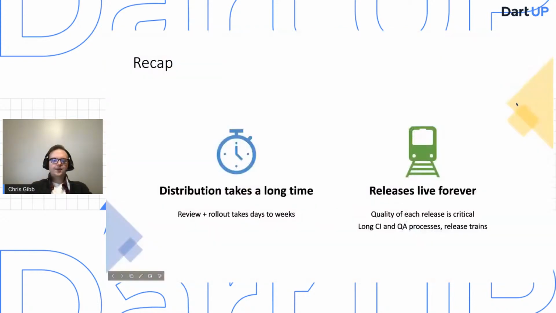So to briefly recap everything I've just ranted about here. Distribution takes a long time. Review and rollout time is measured in days to weeks. Releases live forever, right? The quality of each release is absolutely critical.